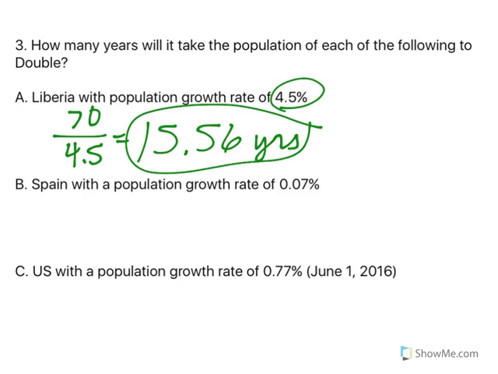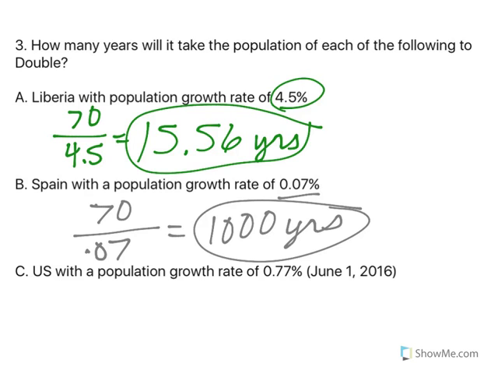And again, I don't know what their population is, and it doesn't matter. It's going to double in about 15 and a half years. That's crazy. Now, Spain has a smaller population growth rate. So 70 divided by 0.07 gives me 1,000 years. So Spain's growth rate is way smaller, so it's going to take a way longer time. None of us are going to live to see Spain double their population.